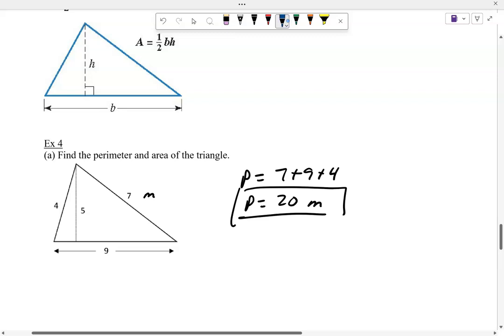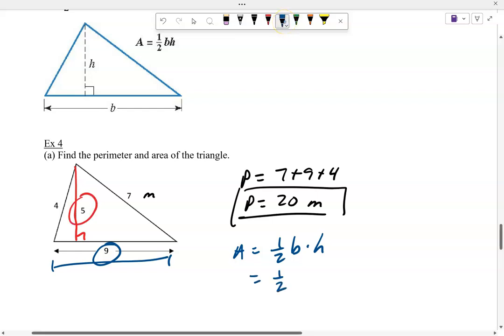Now let's do our area. So 1/2 base times height. You see our base here is that 9, and our height is that altitude right there of 5. So we've got 1/2 base times height. Oops. Height here is 5.